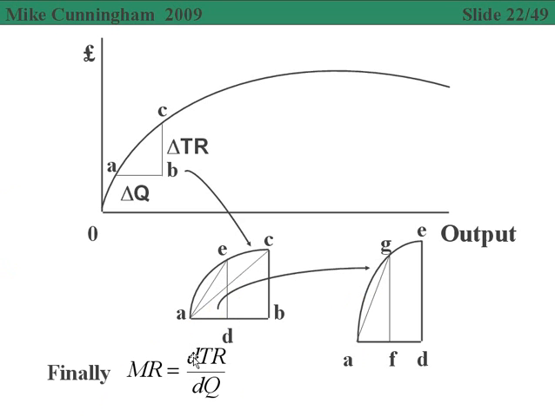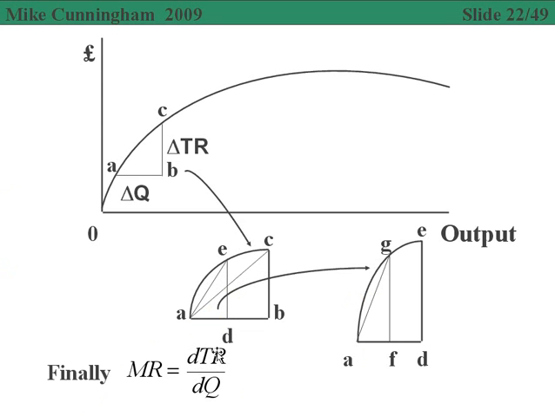D represents an infinitesimally small change in. It's the calculus. For those of you who have done mathematics, this should be obvious. But D is a very small change in the total revenue divided by a very small change in the quantity. So small we can't really draw it on a diagram. But yet it's real. There is a difference. It's just so small we can't represent it. And that's the essence of the calculus.